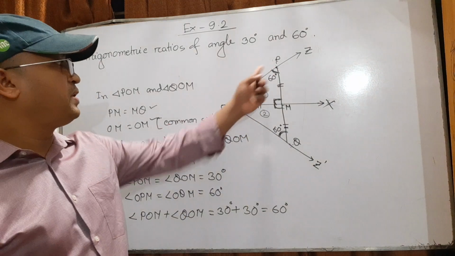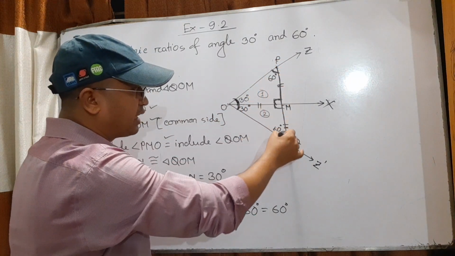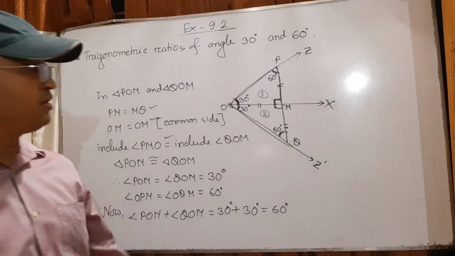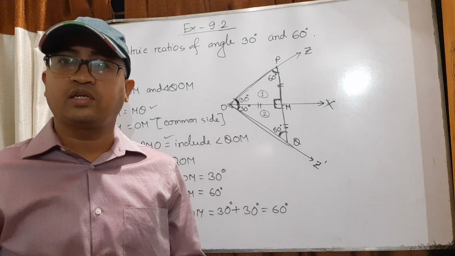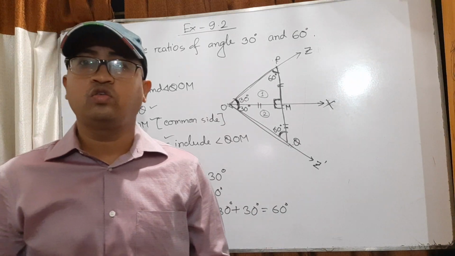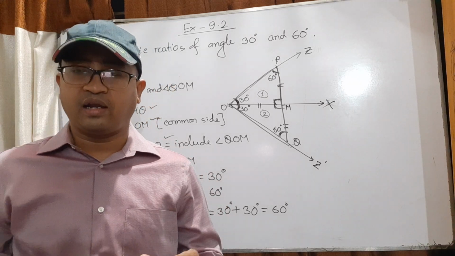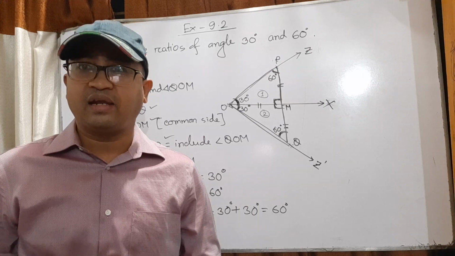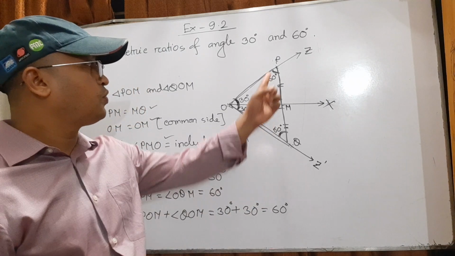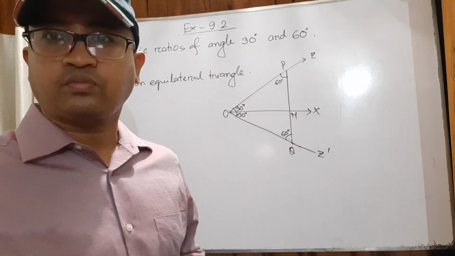So in the whole triangle POQ, all the angles are 60 degree. So this is an equilateral triangle, and all sides will also be equal, because we know that in an equilateral triangle all the angles are 60 degree.